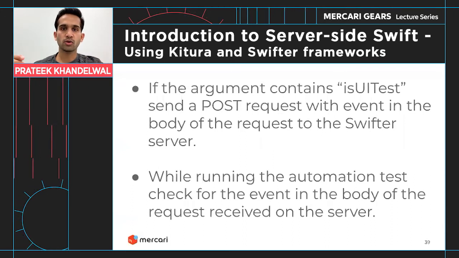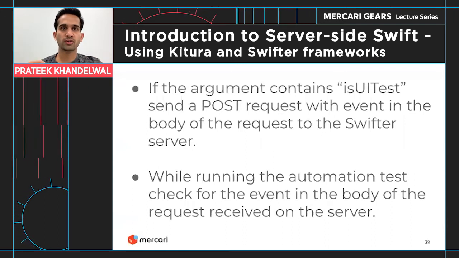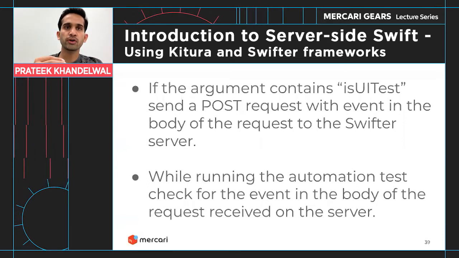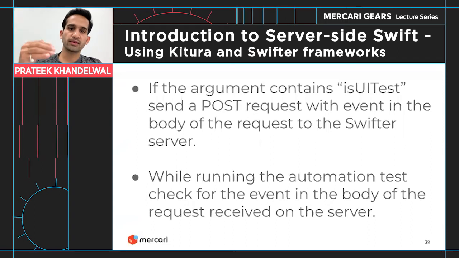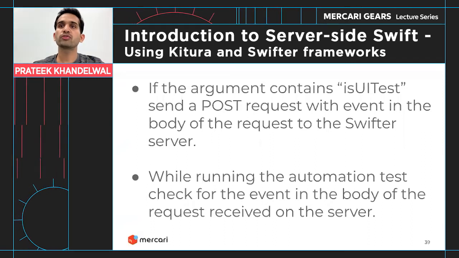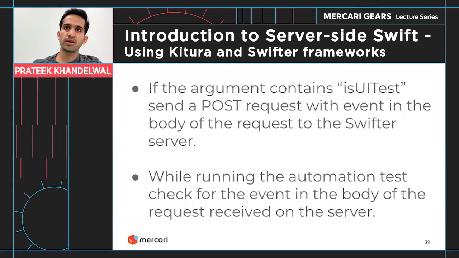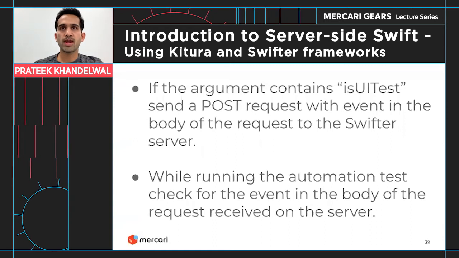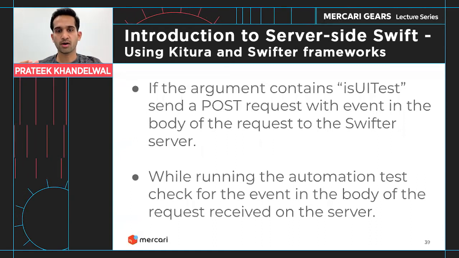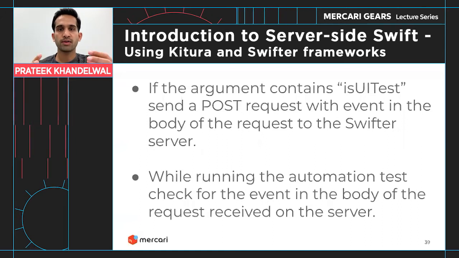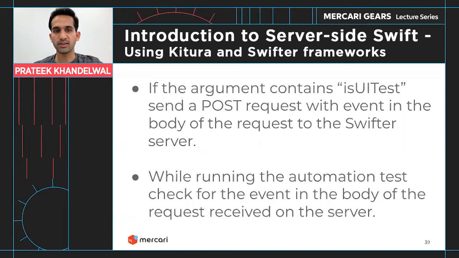At that time, instead of sending an event to the actual backend server, I send the event in the body of a POST request to my Swifter server that I already started when I ran the UI test. Now, when I receive that event on my Swifter server, as I showed you in the demo part, we have a closure that we can run whenever we receive a request.